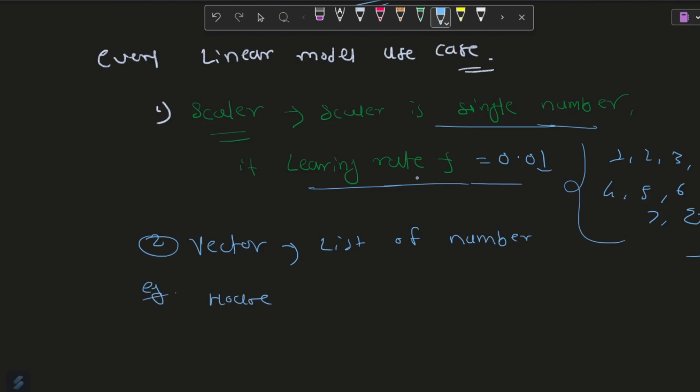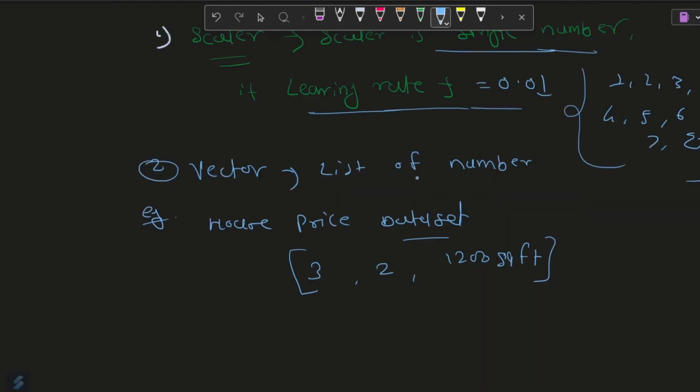We have three bedrooms, two bathrooms, and 1200 square feet. These are scalar values: bedrooms, bathrooms, and area. Together, this is called a vector.